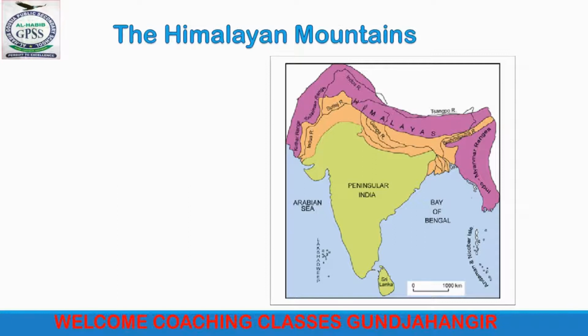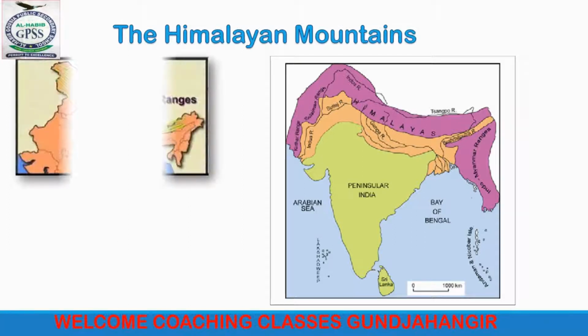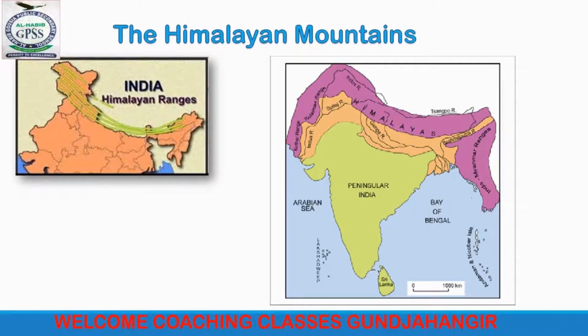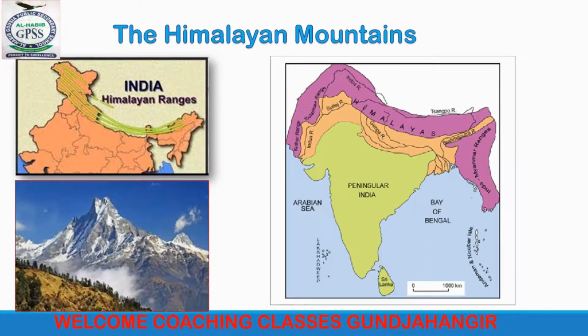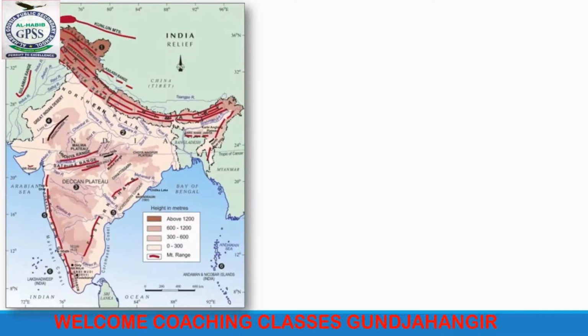The Himalayas represent the loftiest and one of the most rugged mountain barriers of the world. They form an arc which covers a distance of about 2400 km. Their width varies from 400 km in Kashmir to 150 km in Arunachal Pradesh.